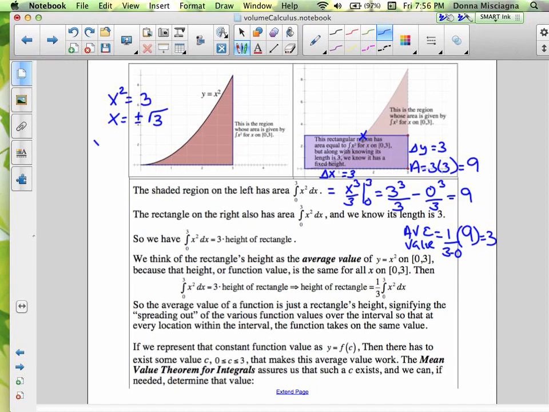So x equals negative square root of 3 is a no. It's outside the interval. But x equals square root of 3, that is a yes. So this is the when. At x equals the square root of 3, f of x equals the average value, I'll abbreviate, AV, average value of our function.